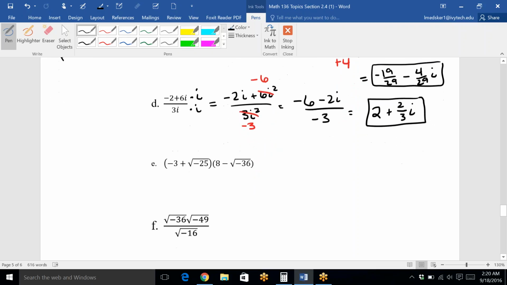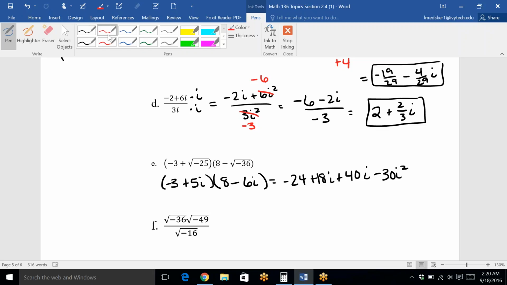For part E, we need to pull out the i's of the radicals first. So this is actually negative 3, that would be an i, and then that would be square root of 25, so that's plus 5i. And 8 minus, that would be an i for the negative and 6 for the 36. We would FOIL this out, so this is negative 24 plus 18i plus 40i and minus 30i squared.